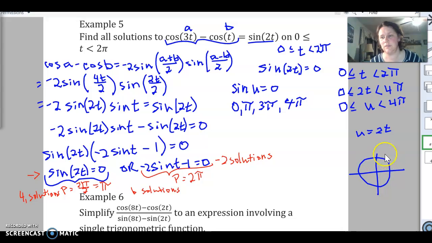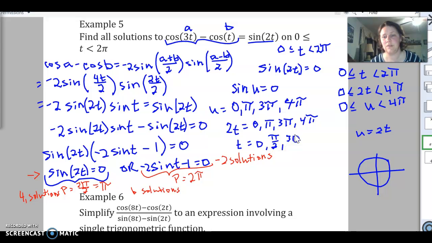Those are all of the places because we have to go around 2 times to get to 4 pi. Now, that's all u. Plug that back in for 2t. I'm going to run out of time. Go ahead and divide everything by 2 now. Those are 4 of your solutions. And I know you can find the last 2 solutions here on your own. So we would end up with t equals 0, pi over 2, 3 pi over 2, and 4 pi over 2.